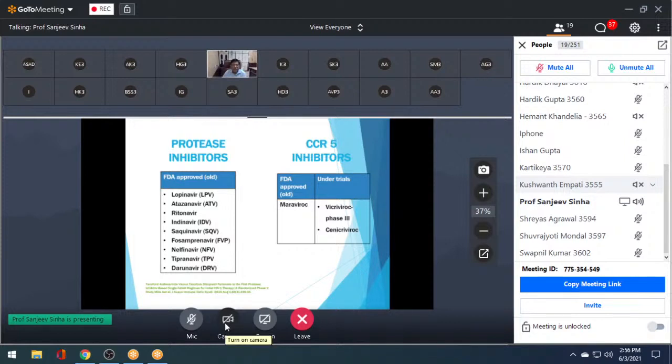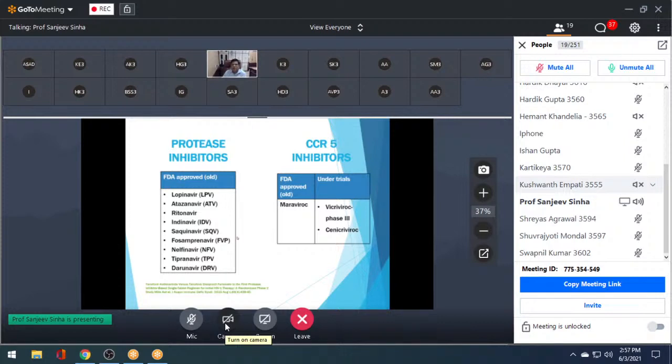But in other countries, we use them as a first line drug if the patient has HIV drug resistance or multiple mutations. In the national program, we use them as a second line, when the first line regimen has failed.